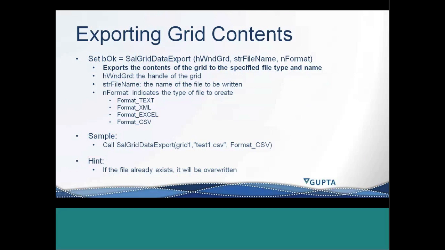We've offered 4 different formats: text, XML, Excel, and CSV. So a simple example: call SalGridDataExport, name of the grid, name of the file, and format. If the file already exists, it will simply be overwritten by that function call.